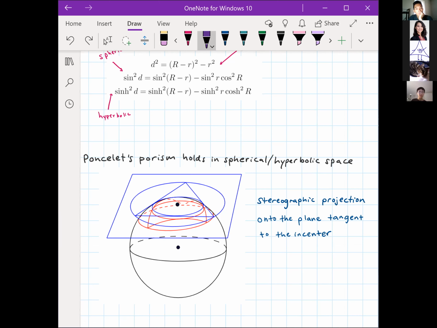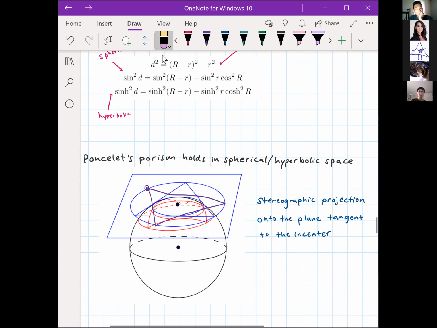So then we can move it to any other triangle in the family up here, and then also project it back down to get a triangle that starts at any point down on the sphere.